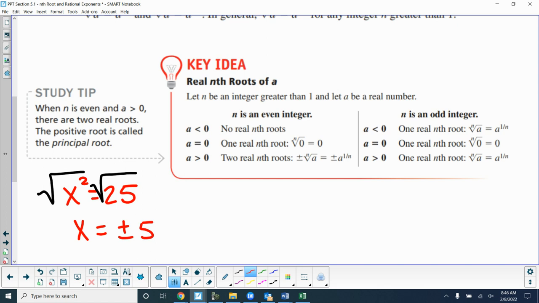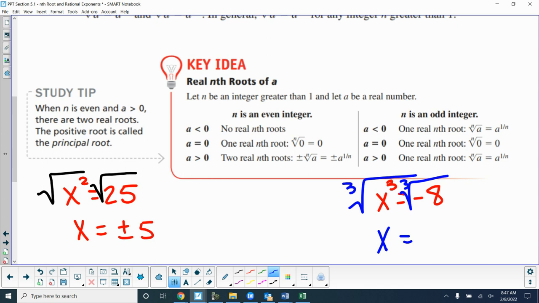Negative, positive. So if I did the cube root, or let's say x cubed equals negative 8, what would I do to solve that? I would take the cube root of both sides, right? Well, that means what times itself 3 times is negative 8.